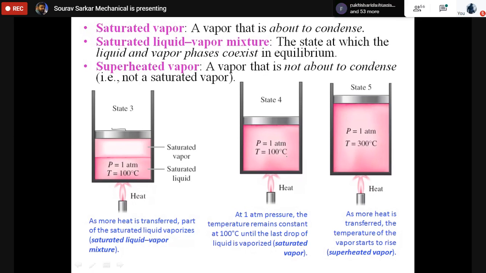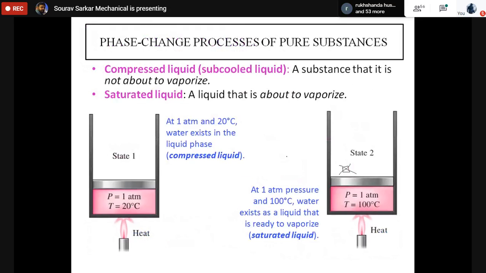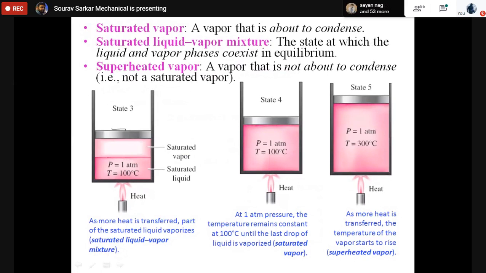So do you understand state 1, state 2, state 3? State 1 is called the compressed liquid. State 2 is called the saturated liquid. State 3 is called the saturated liquid-vapor mixture. And the fourth state is called the saturated vapor.